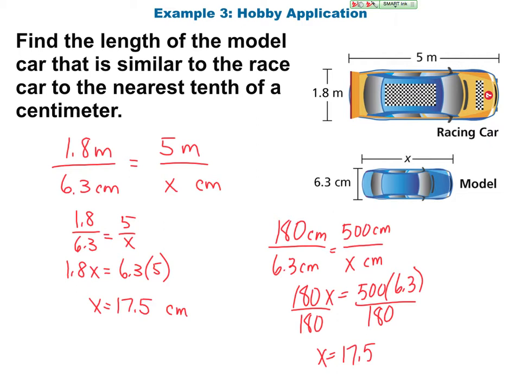Notice it really didn't matter because if I would divide this one back by 100 and 100, that would be like leaving this at a 5 and that at a 1.8. So you're doing the same thing, really. So you didn't have to change the units, is the point of what she was asking, as long as you are using the same units in both ratios.